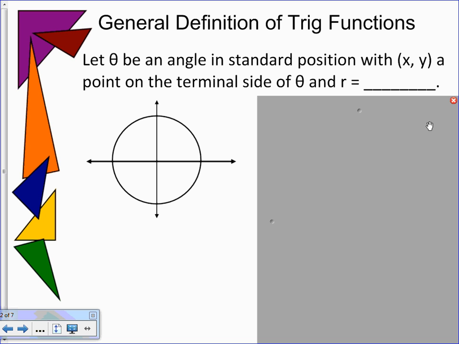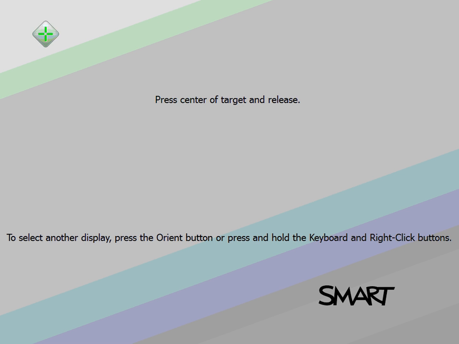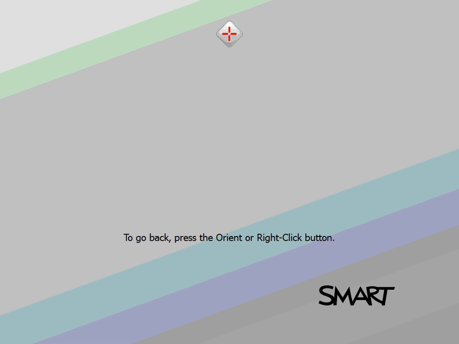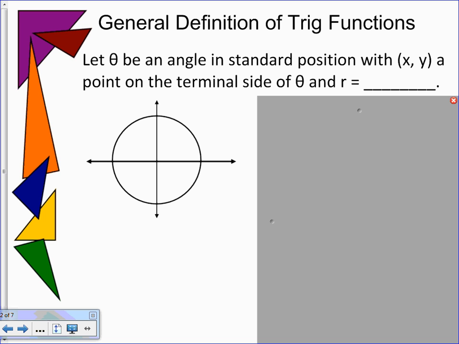Any of them would be acceptable. And for the sake of my drawing, I'm just going to choose a point somewhere in quadrant 1, and I'm going to label it XY.